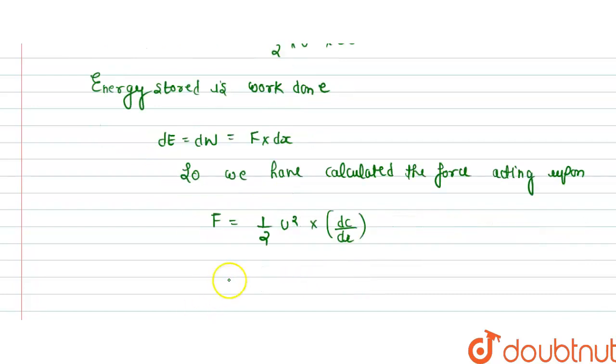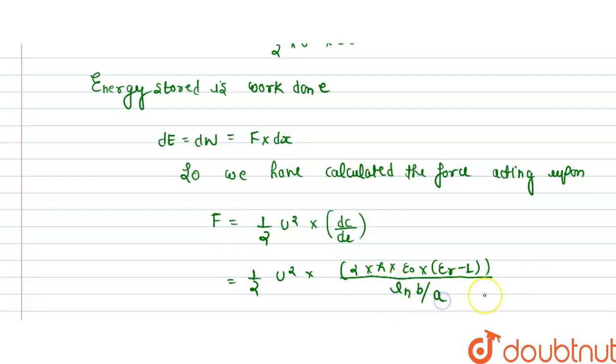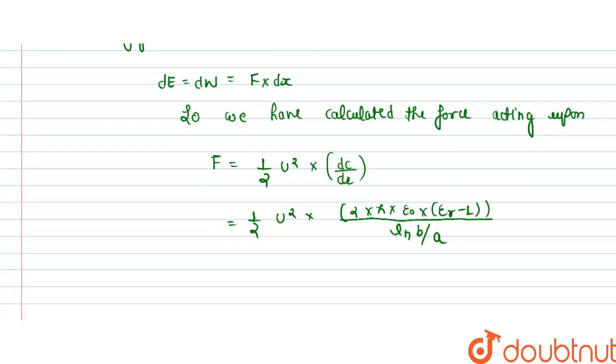We put in the values: 1 by 2 into V square into 2 pi epsilon naught into (epsilon R minus 1), whole divided by ln B by A. We calculated the effect of the electric forces on the dielectric.